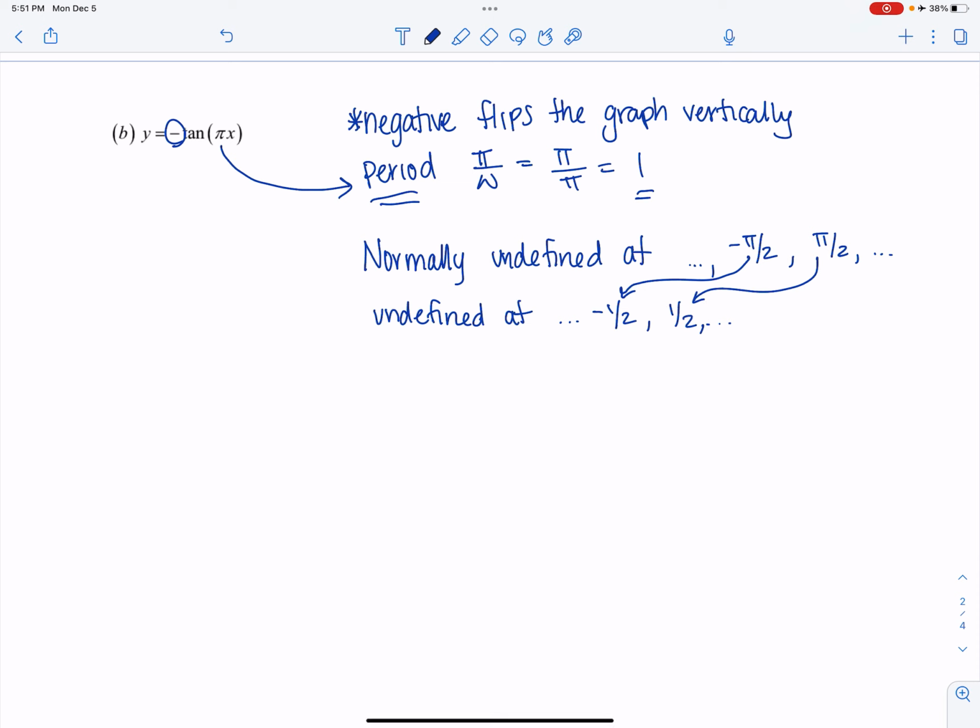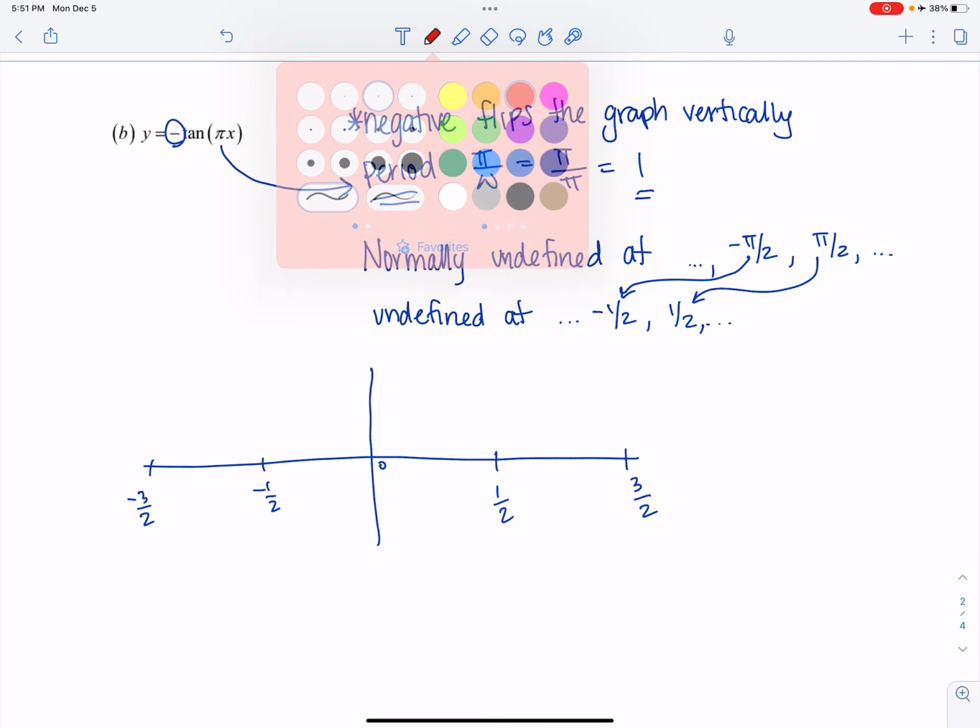So we're kind of squishing our tangent like an accordion. Here we go, let's try to graph it. If 0 is here, and 1/2 is here, and 3/2 are here. Over here I have negative 1/2 and negative 3/2. So if we flip it, it's going to be going downward this time.